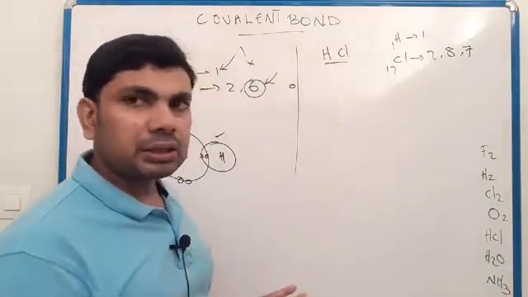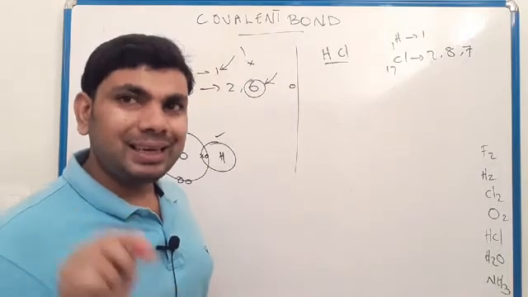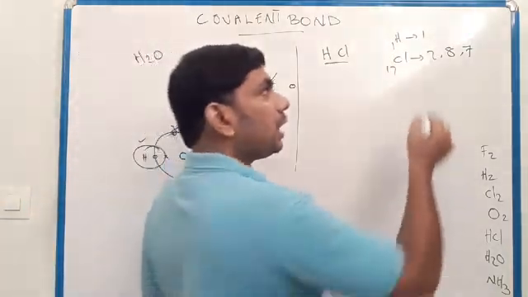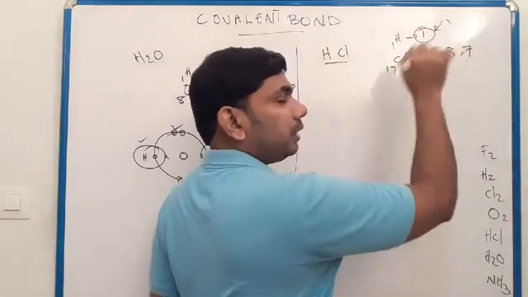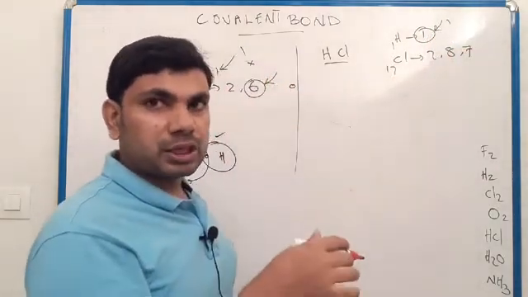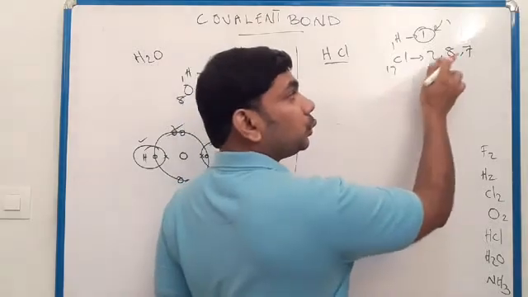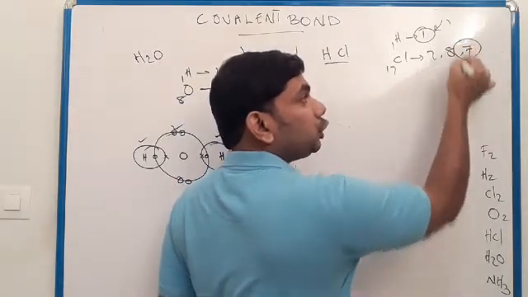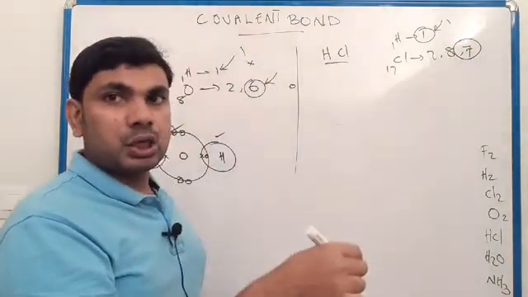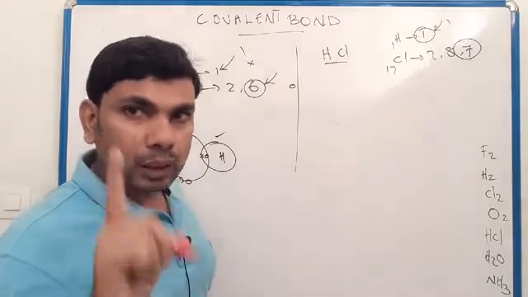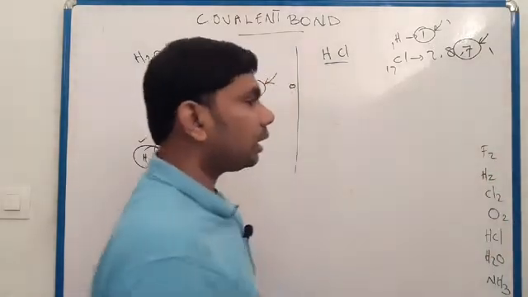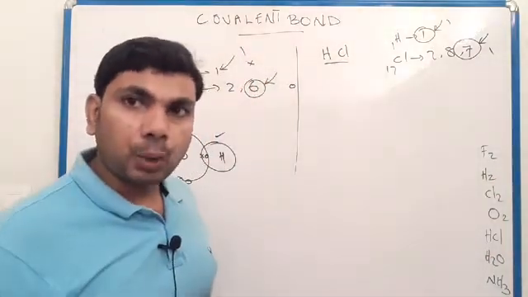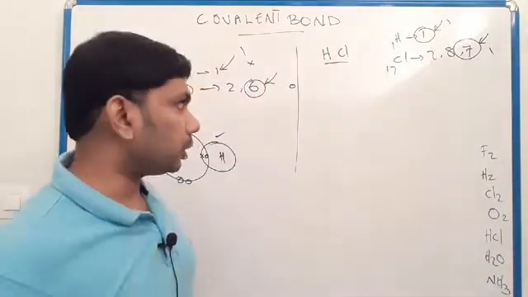Both hydrogen and chlorine need 1 more electron. Hydrogen outer shell has 1 electron; it needs 1 more to complete its first shell. What about chlorine? 2,8,7. So chlorine needs one more electron to make 2,8,8. Hydrogen and chlorine both need one more electron.